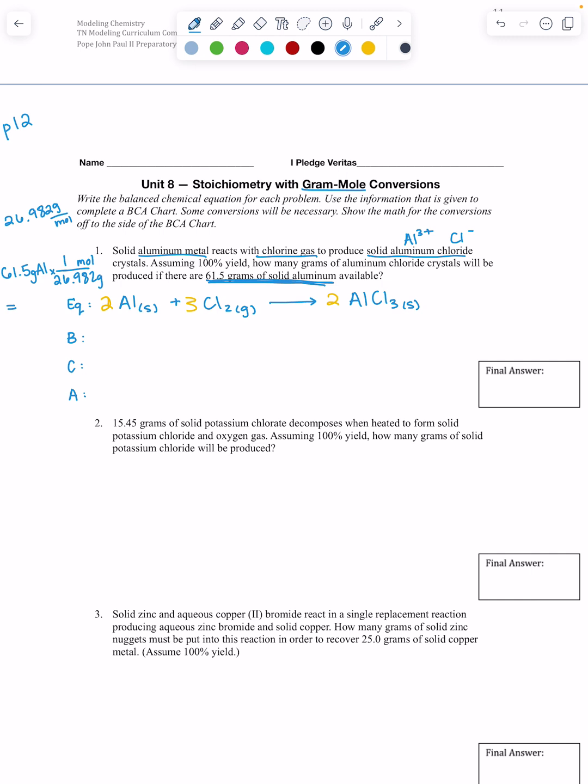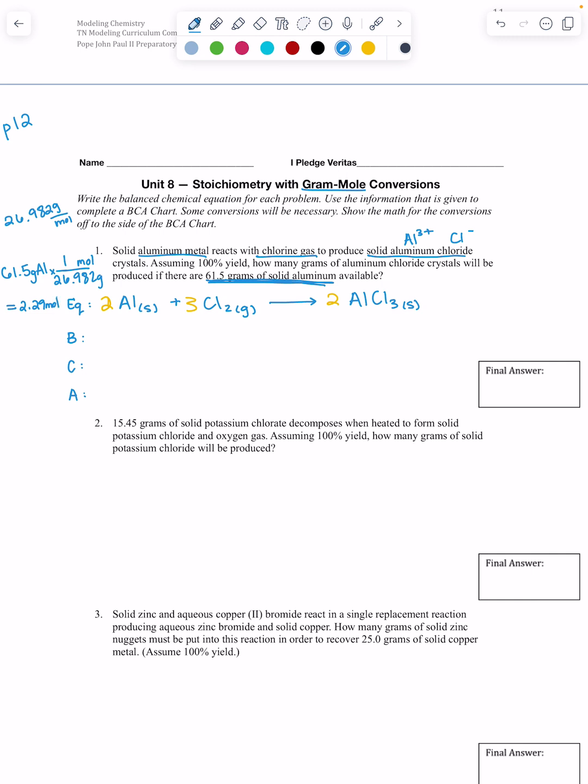So go ahead and do that calculation on your own. Okay, and you should have gotten 2.29 moles.